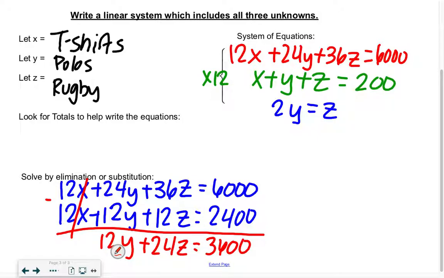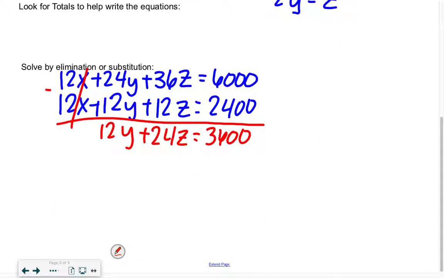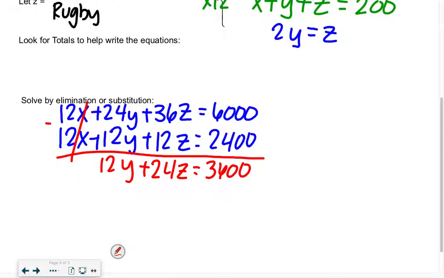Oh yeah. This one's kind of nice because I have this bottom equation, the blue one that says 2y equals z. So what should I plug in for z? 2y. So I'm just going to plug this in.